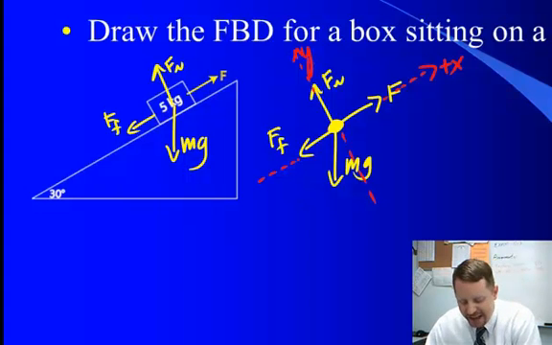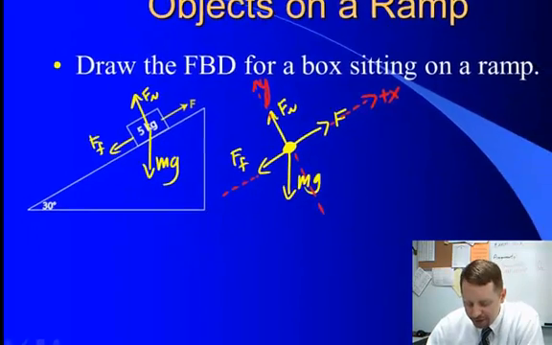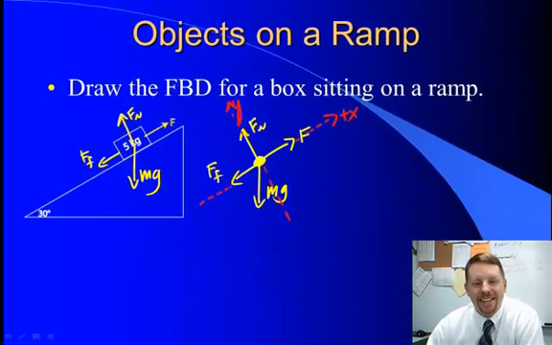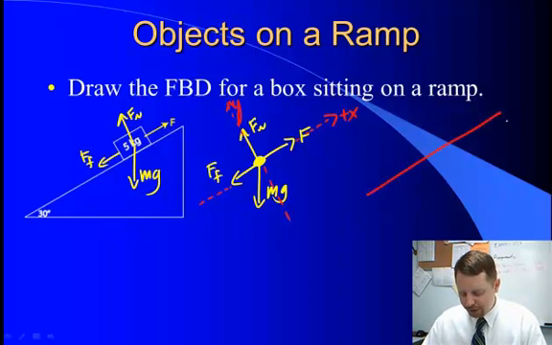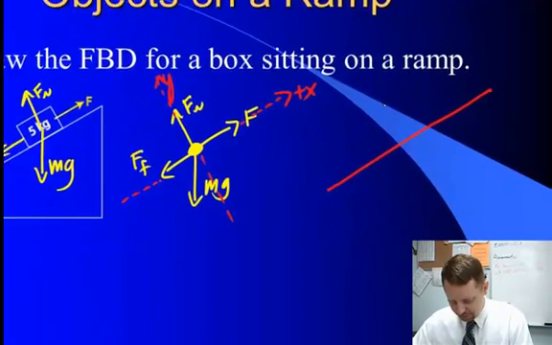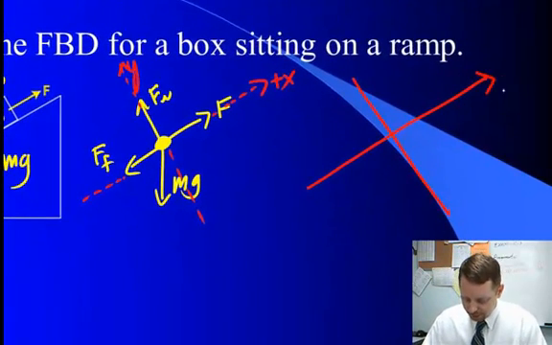But notice that mg doesn't line up with those axes. All right, well, we've got to do something different. We've got to break that weight into its components that are along the axes. So let's redraw our axes again, and we'll make our pseudo free body diagram over here on the right. So we'll call this plus x and plus y.